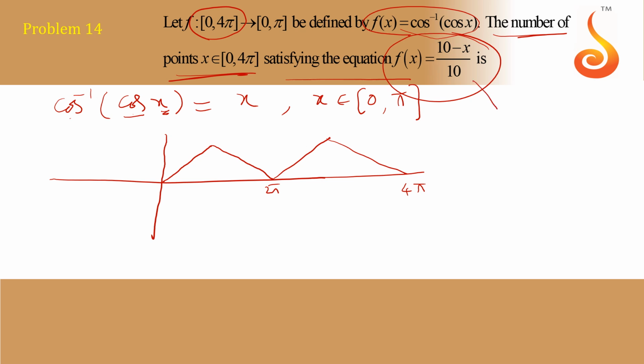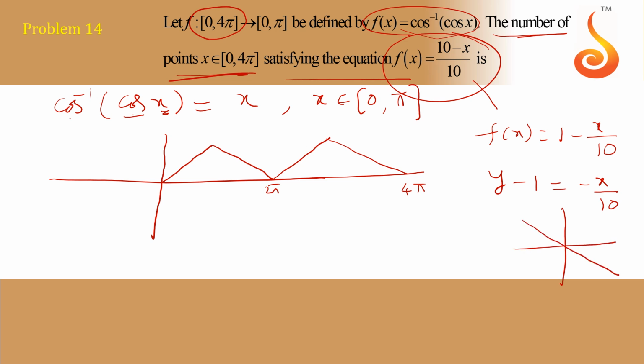Then for the same f of x you have 1 minus x by 10 also. So if it is y minus 1 equal to minus x by 10, you know that y equals minus x will be like this, y equals minus x by 10 with some slope, and y minus 1 means a shifting will take place, a shifting on the positive y-axis by 1 unit.